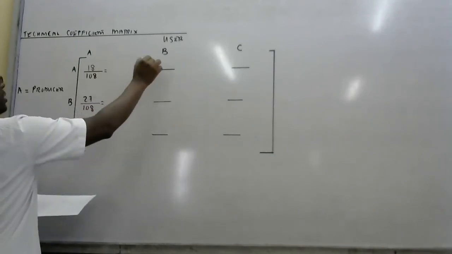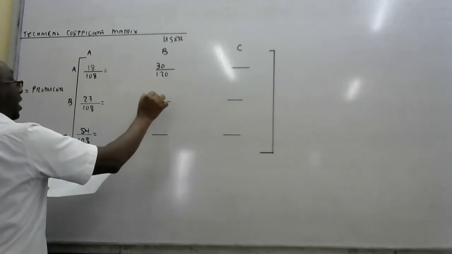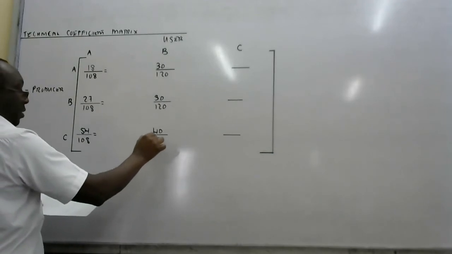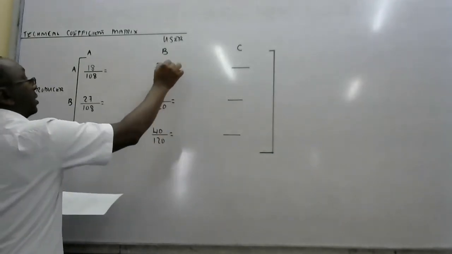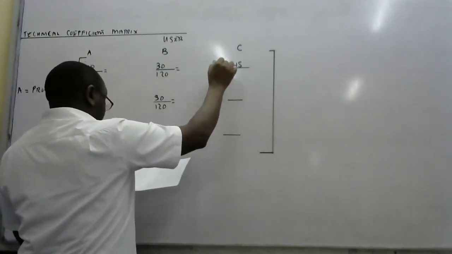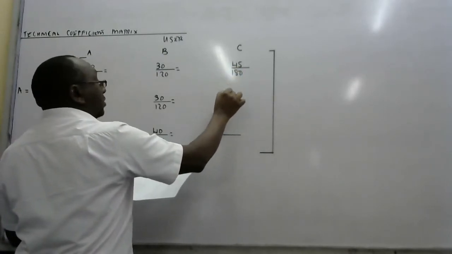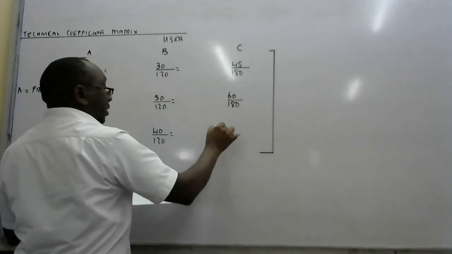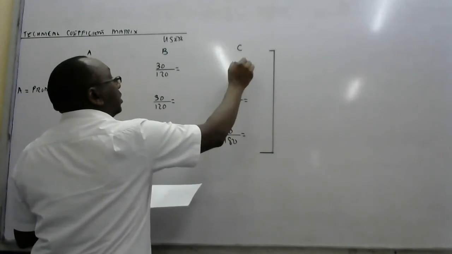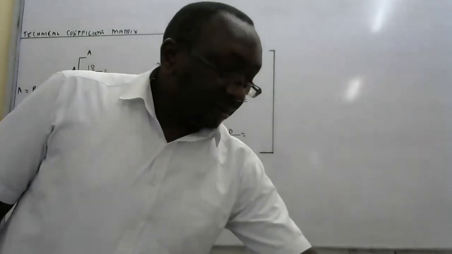This is 30. You divide by 120. 30, you divide by 120. 40, you divide by 120. Then we have 45, you divide by 180. We have 60, you divide by 180. 60, you divide by 180. So take the calculator and give me the answers.